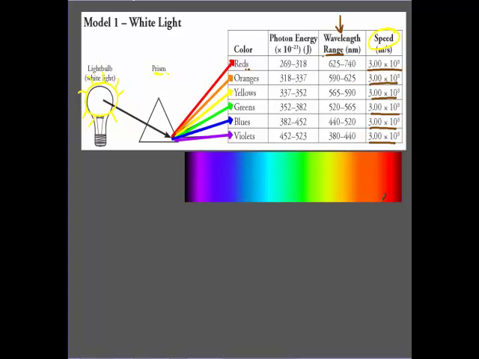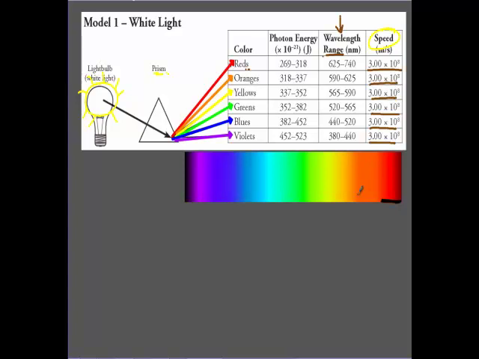So within this spectrum of red right here, right in this area, those are the different wavelengths. And the same goes for all our oranges and our yellows and our greens and our blues and indigos and violets. All the way down, they have a range that fill in the entire spectrum of the rainbow that we're used to seeing.